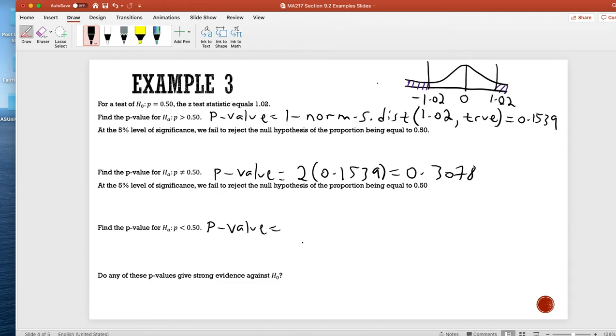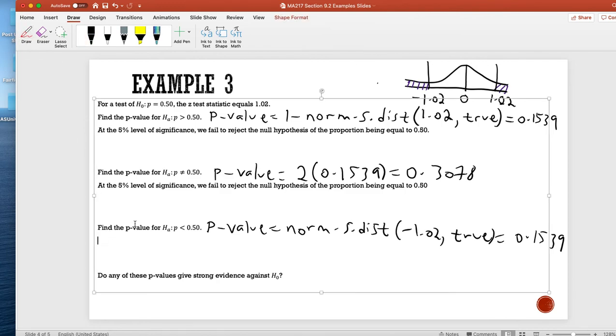And we could check this if we want using norm.s.dist of negative 1.02 comma true. But because it's symmetric, it'll give us the same value of 0.1539.